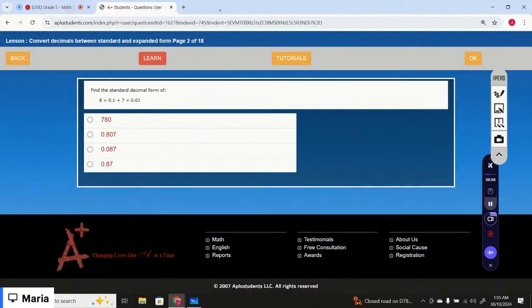Find the standard decimal form of 8 times 0.1 plus 7 times 0.01. Which is the correct option?